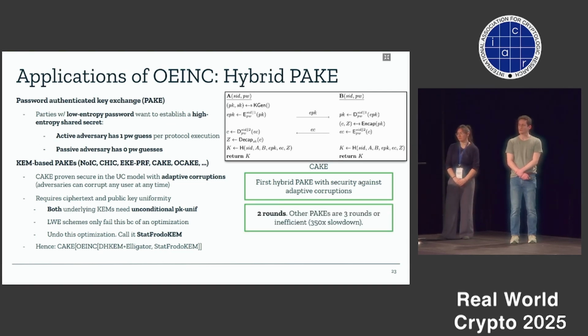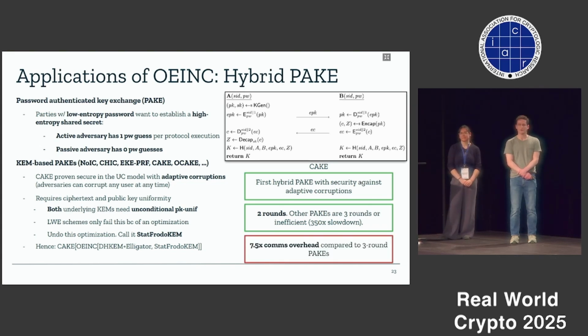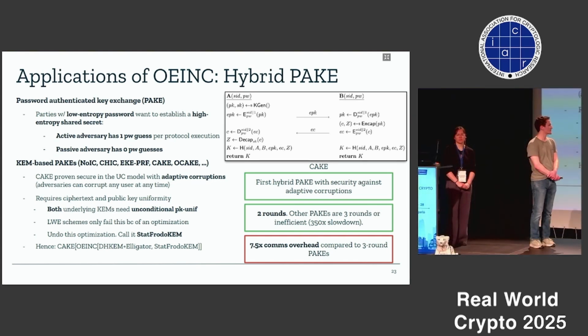It is only 2 rounds, whereas the other ones are either 3 rounds or they are 1 round and very inefficient because they use isogeny-based group actions. And this comes at the cost of about a 7.5 times overhead compared to the 3-round PAKE using normal Kyber. It also has a similar increase in computational complexity.